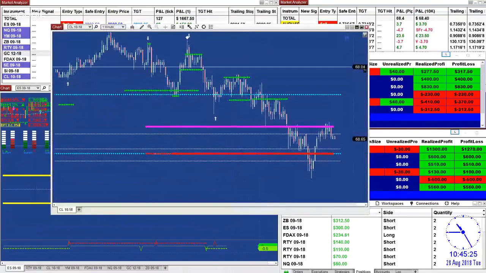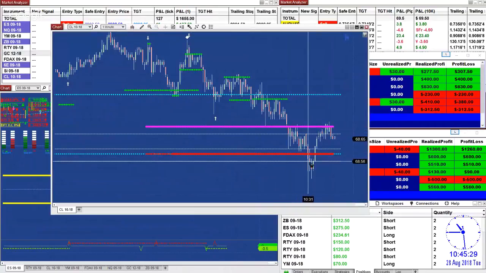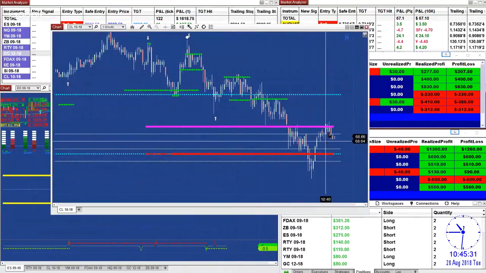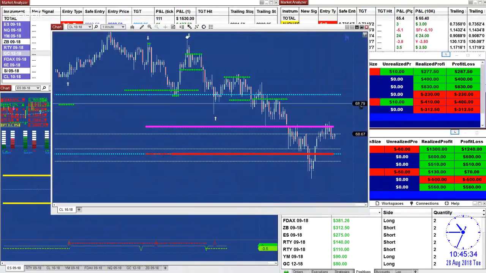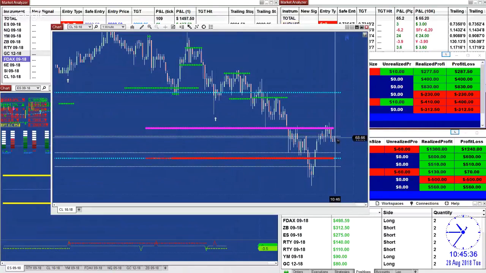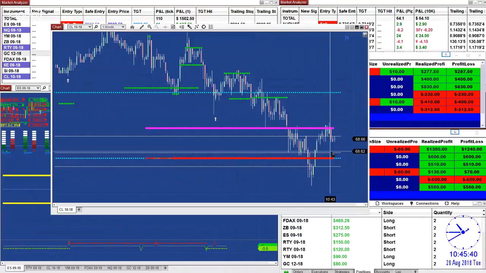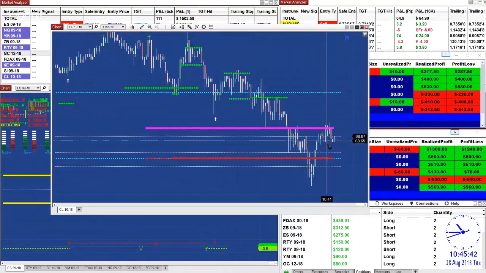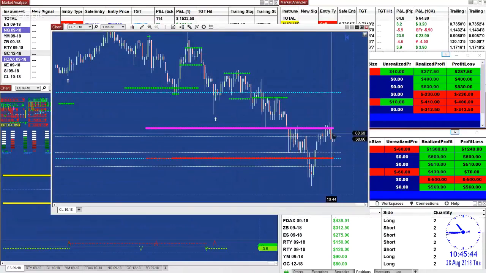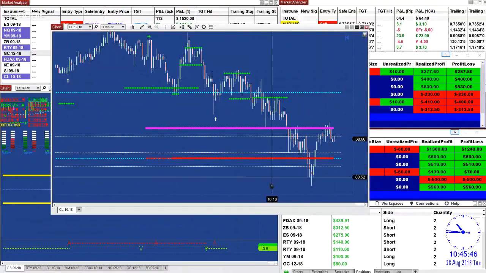The story on the CL: we have a resistance. Yes, we had a breakout, pullback, re-entry, pullback. But right now on the CL, we are stuck between those two numbers, 68.67 and 68.62. So there are 7-8 ticks in between. It's not even worth taking.